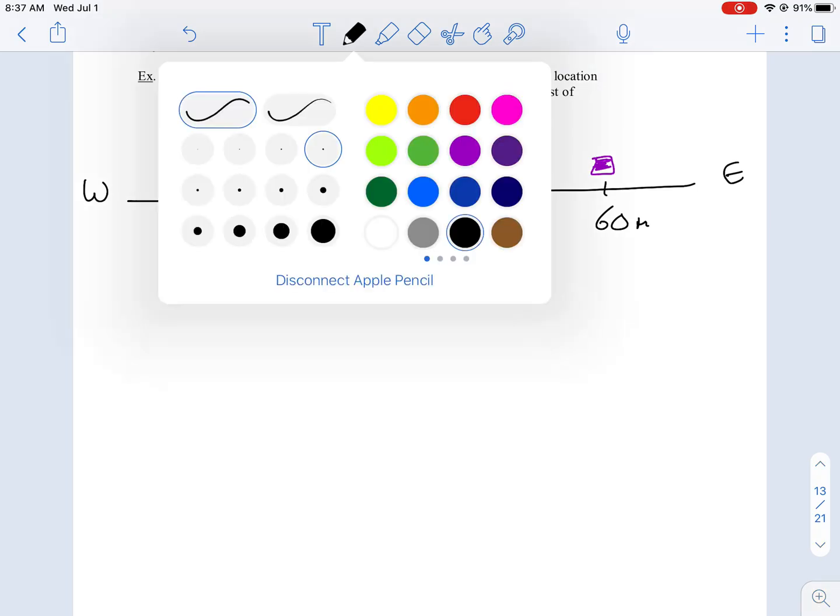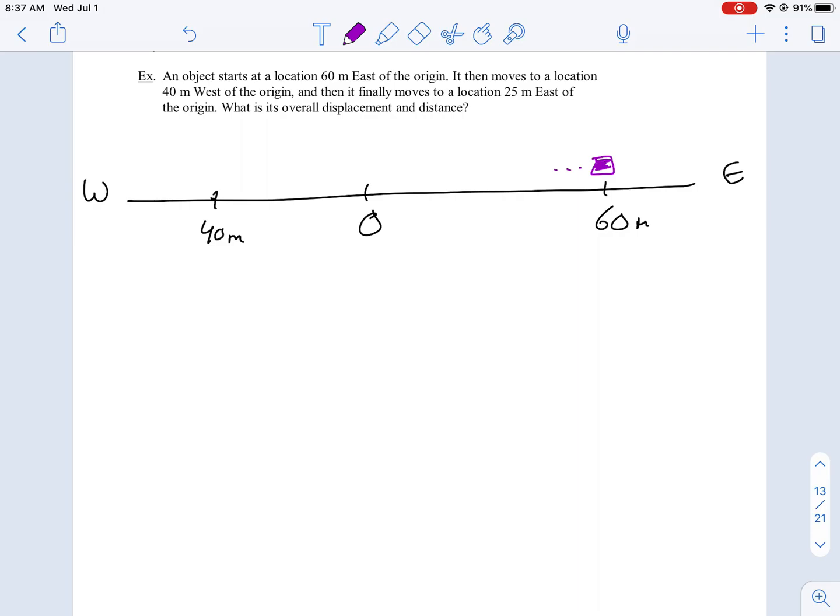So this object is going to go all the way over to here, like that. And if you want, you can even draw it as an arrow. Kind of goes over to there. Actually, no, I'm going to move that, if you don't mind, down a little bit.